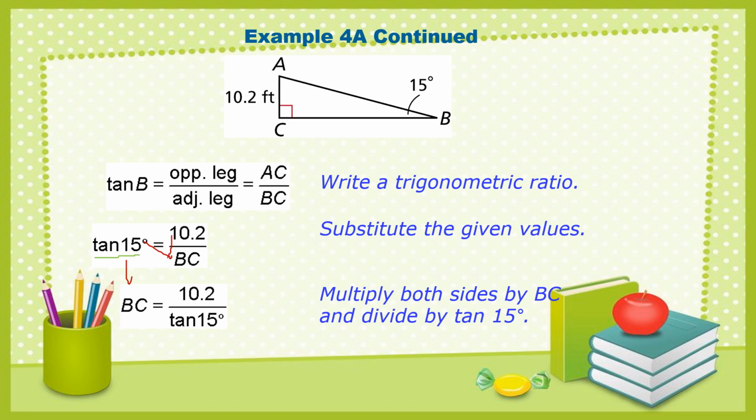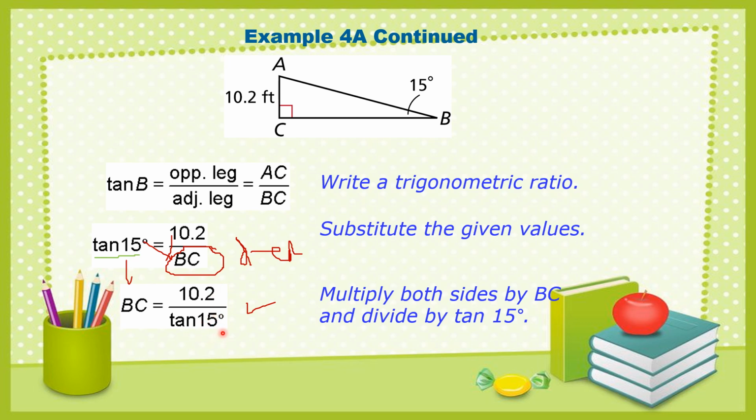So, cross multiplication. You will notice that when our unknown is in the denominator, this will be our shortcut. It is in the denominator, which means the operation is division. Okay? When our unknown is in the denominator, the operation to use is division. Therefore, segment BC is equal to 10.2 divided by tan 15 degrees.